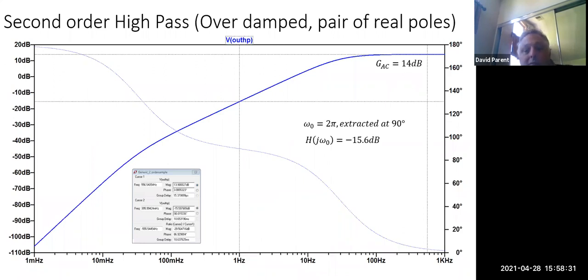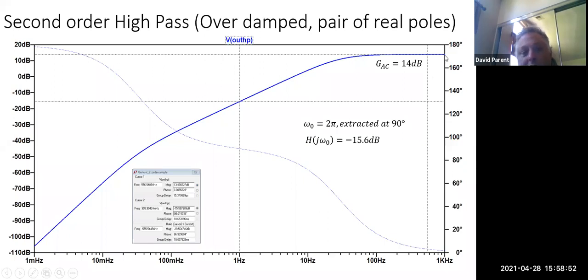So now we have a high pass, and we have overdamped, critically damped, and underdamped. So really, you have to recognize that it's an overdamped low pass, so you know what to go from.